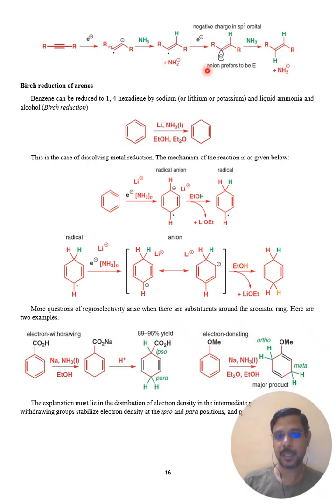So here the formation of the carbanion always makes the anti periplanar state. It prefers the anti because the electron density always tries to stay away from the other steric factors, so it always stays in an anti periplanar state. That's why it gives the anti product.